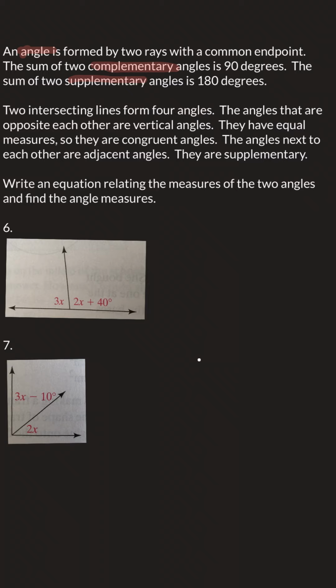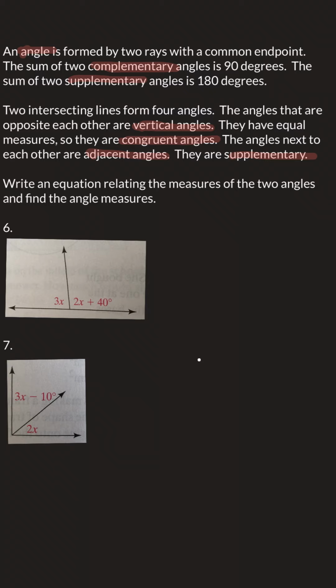Two intersecting lines form four angles. The angles that are opposite each other are vertical angles. They have equal measures, so they are congruent angles. The angles next to each other are adjacent angles. They are supplementary.